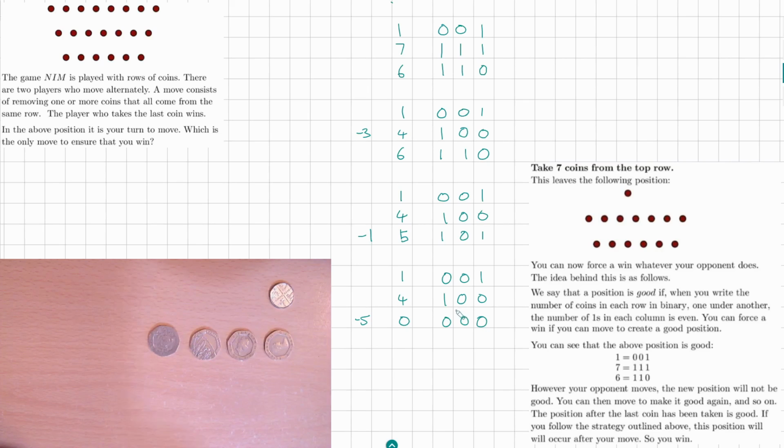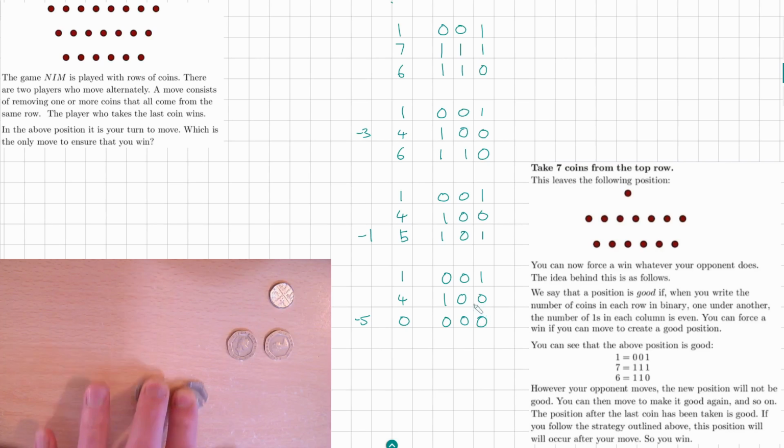So we have to think now, what's our next move? We've got to leave even numbers in each column. Well, there's 1 in that column, 0 in that column, 1 in that column. So that's got to go. So if we took 1 away, that will leave us with 3. That would be 1, 1. That would be a spare 1 in that column. So if I took 2 away, that would leave us with 1, 0.